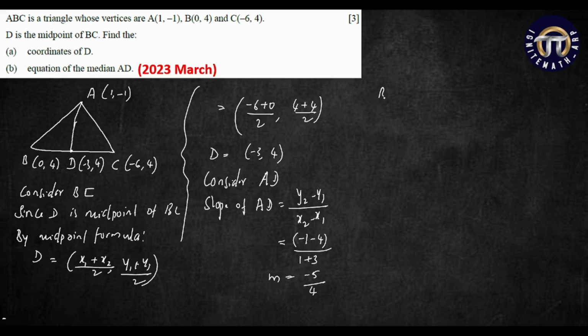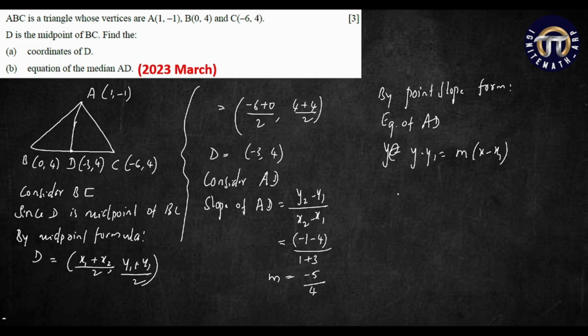By the point-slope form, the equation of AD is y minus y1 is equal to m(x minus x1). I can consider either this point or this point.